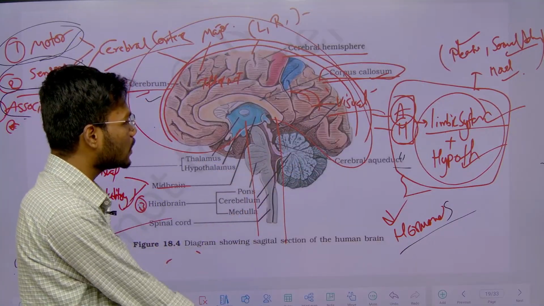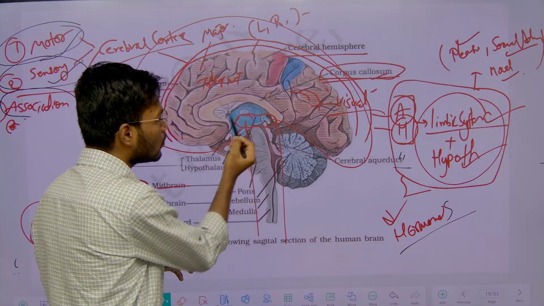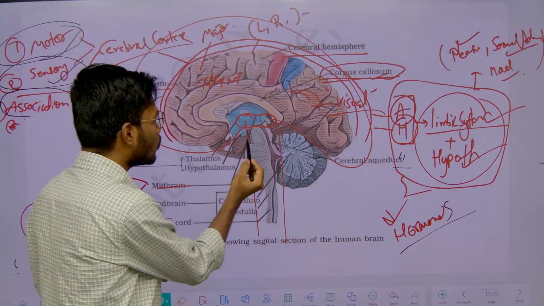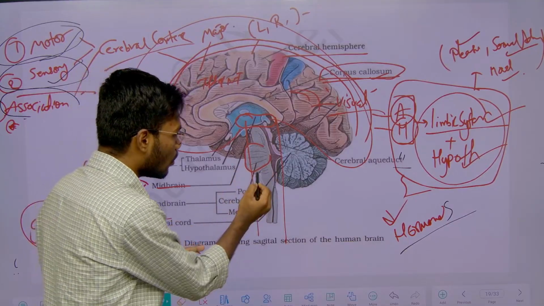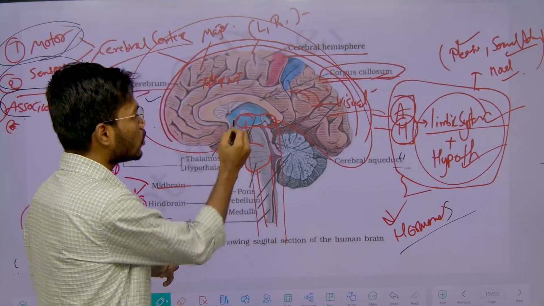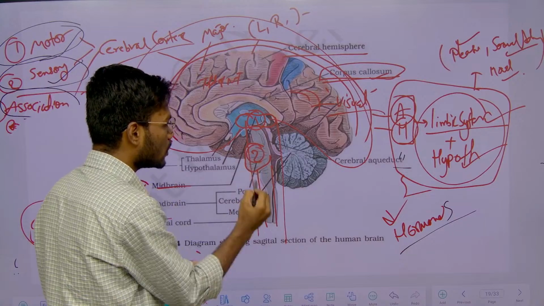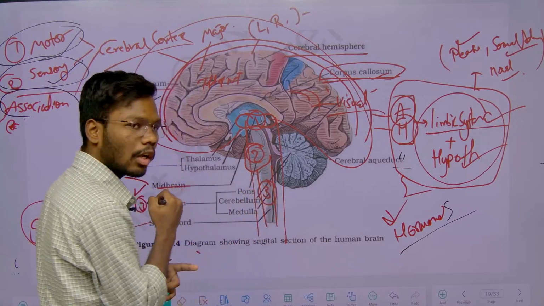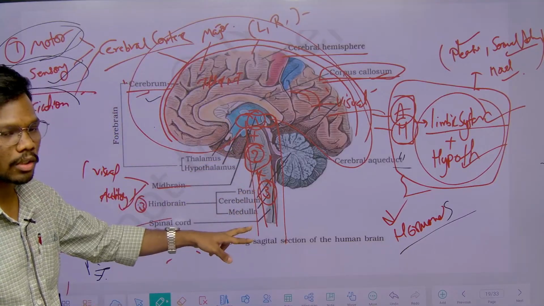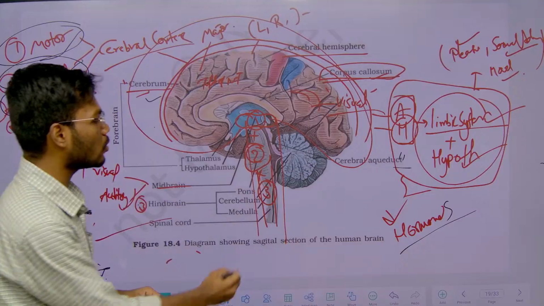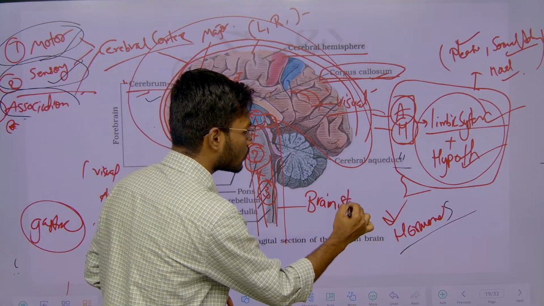If you observe the stem portion, there is the midbrain, then the pons, and then the medulla oblongata. These three look like one central origin. This region is called the stem, also called the brain stem.